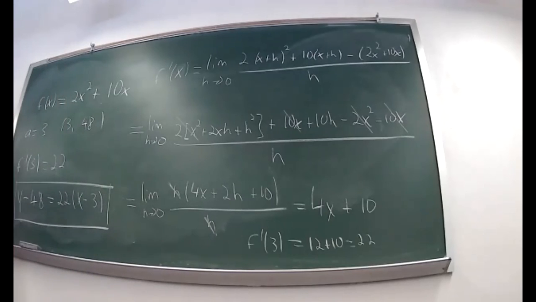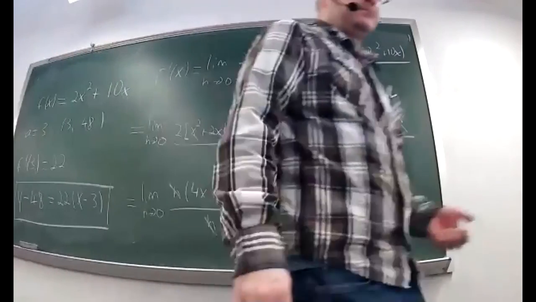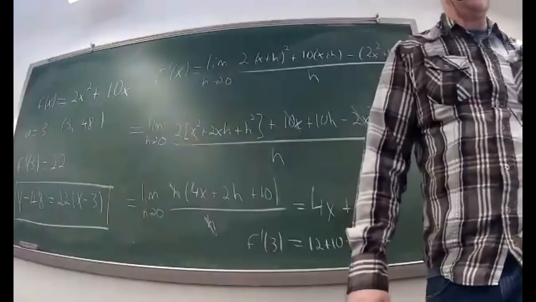If I'm doing homework to submit to my calculus teacher, what I might do is go on Desmos and graph this function and graph the tangent line and just verify that it actually is tangent, that everything's good. Of course, you don't have to do that, but that's just one way to check your work.